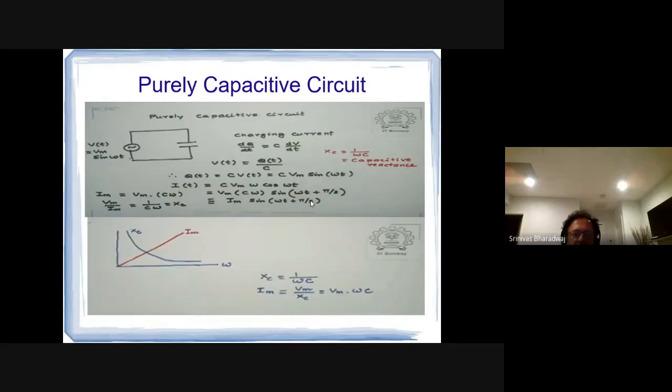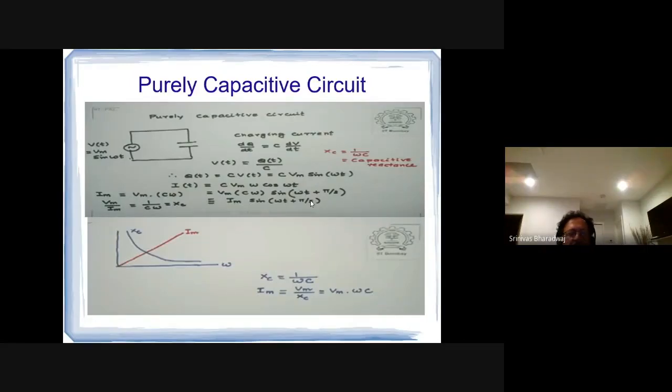Then you take the derivative, V is Vm sine omega t, therefore I is equal to CV omega cos omega t. Therefore you multiply the two, CV omega, and you end up with Im. And so that's how this works.